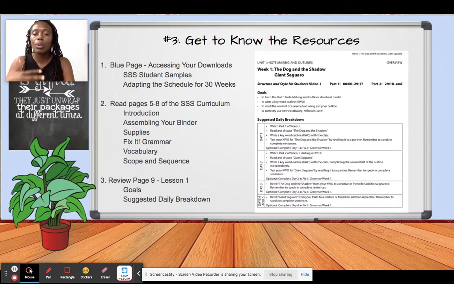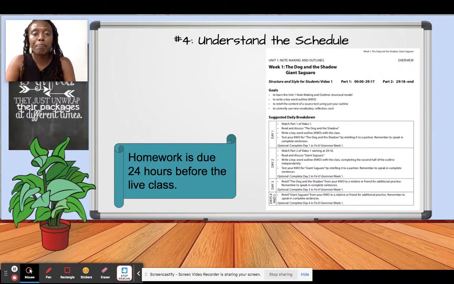Some students work faster, some students need more time, and that day 4 or 5 is built in for students who need more time. And just keep in mind, this is simply a guide, but it's not required that you follow it exactly. But it's really nice, especially if you're working with your students on executive functioning skills or time management skills. IEW has it laid out really nicely for you and for them.